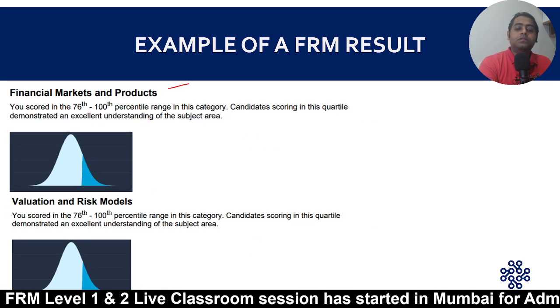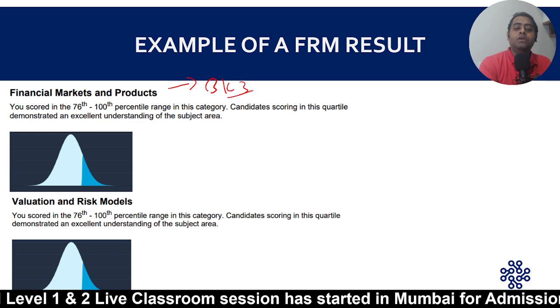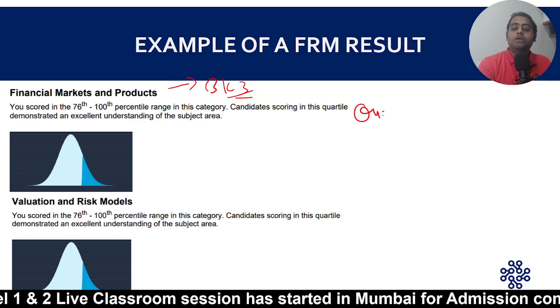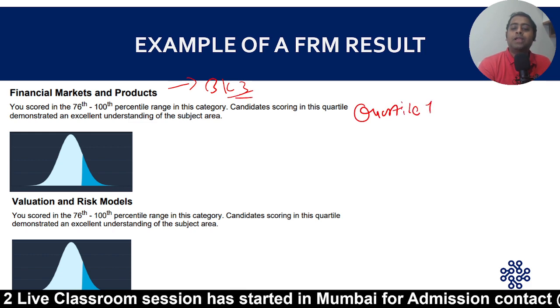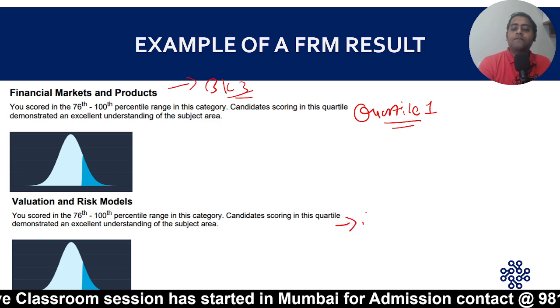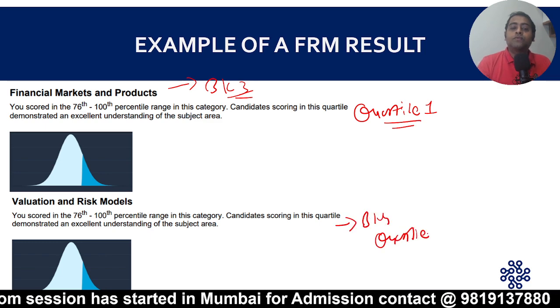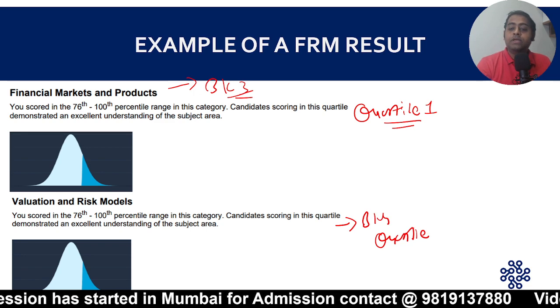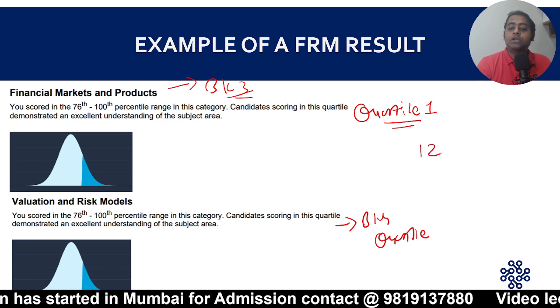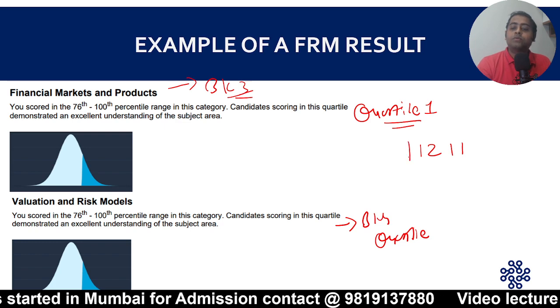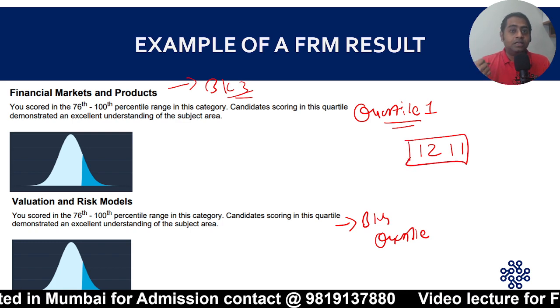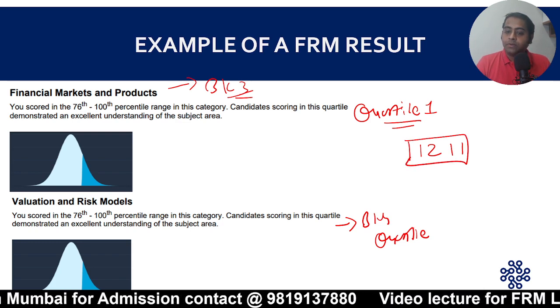Now in book 3, again he got quartile 1, and in book 4 also the quartile was 1. So if you look at his result, it was basically 1, 1, 1. That is how the quartiles are discussed when you get the result.